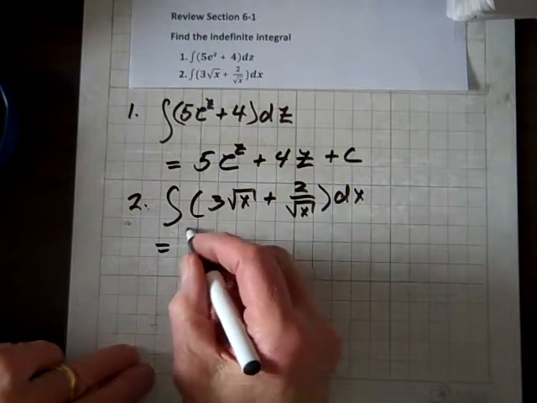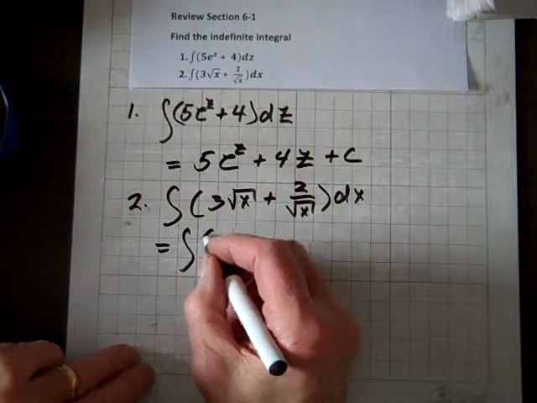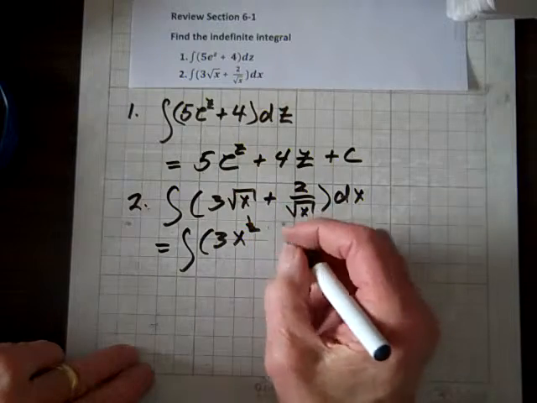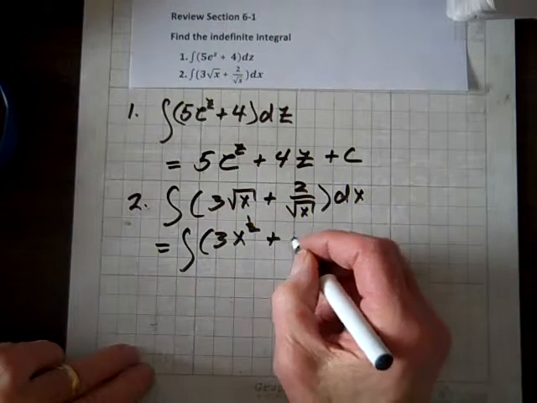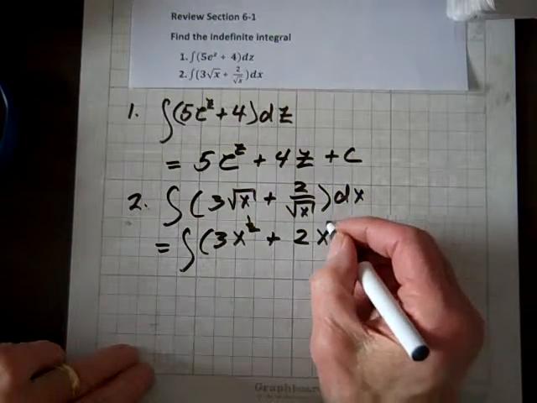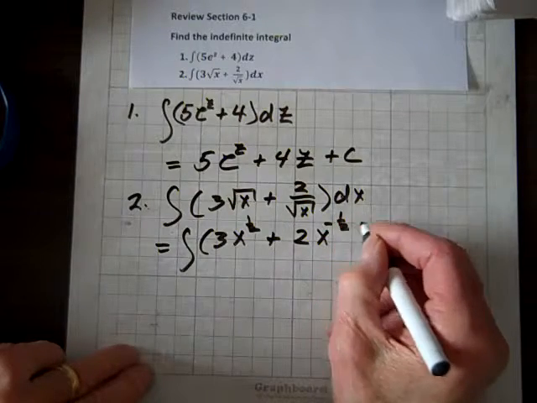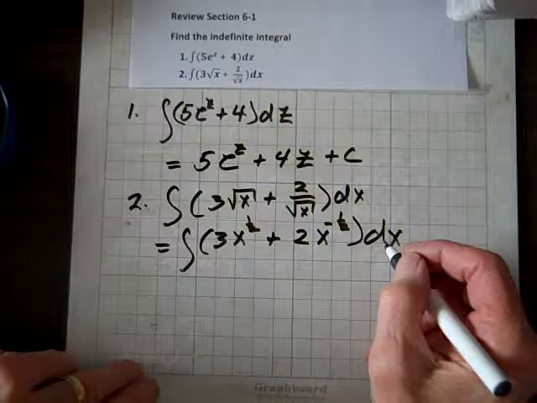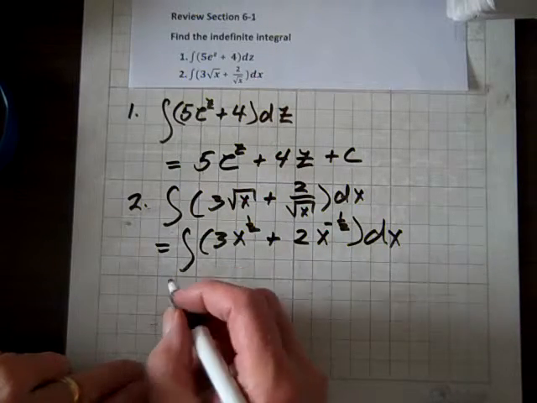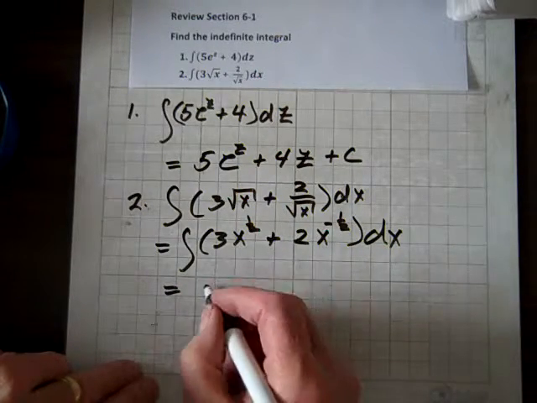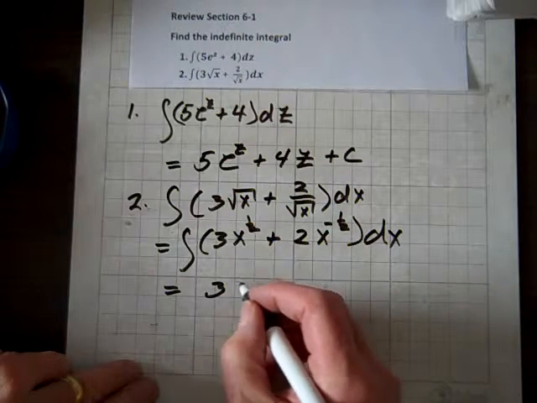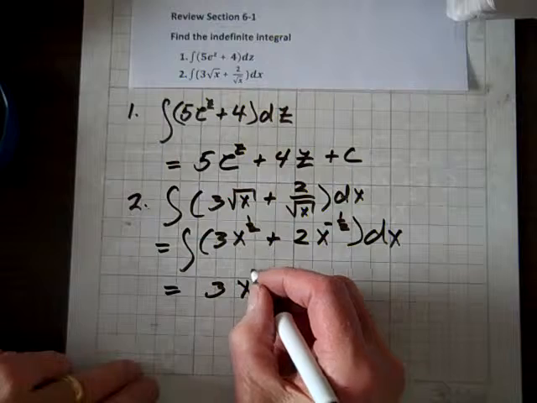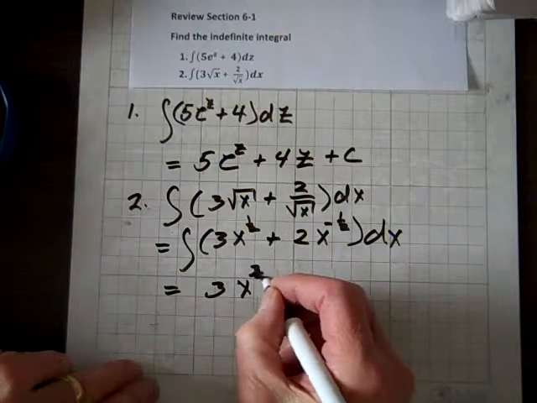And that equals the integral of 3x to the 1/2 plus 2x to the negative 1/2 dx. And now that equals 3x, and we add 1 to 1/2, and we get 3/2.